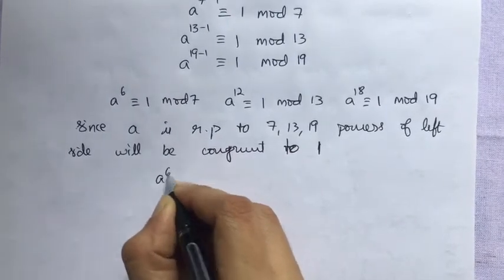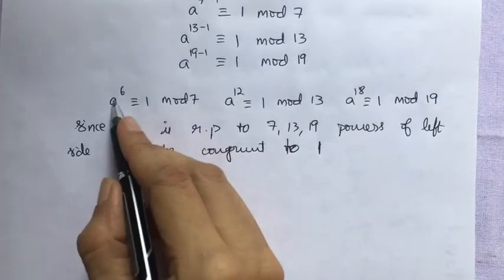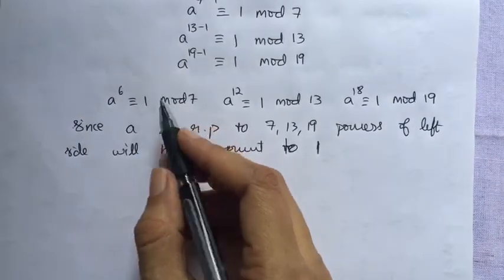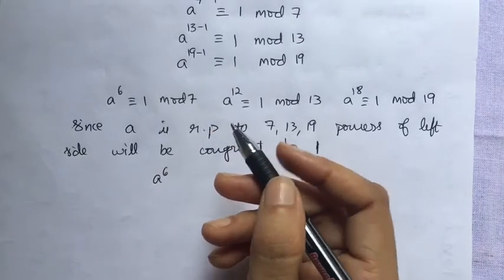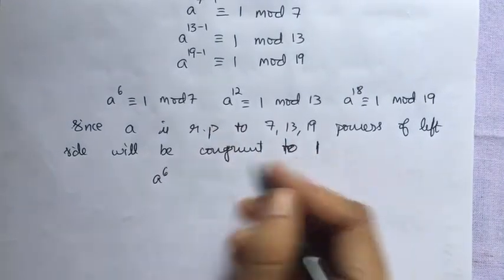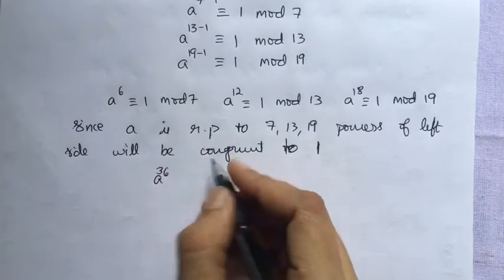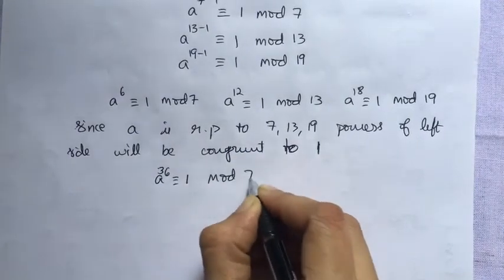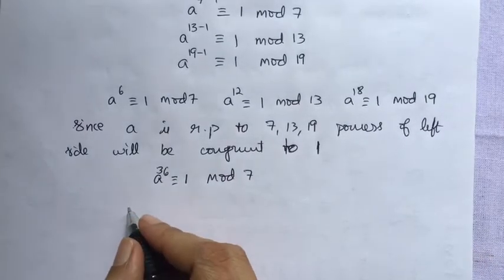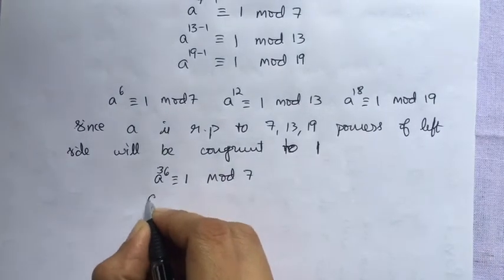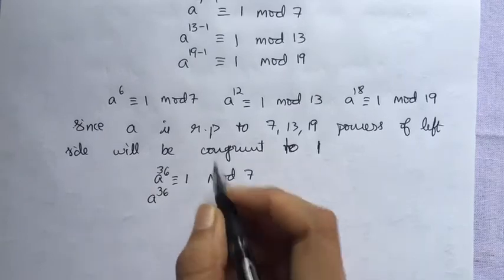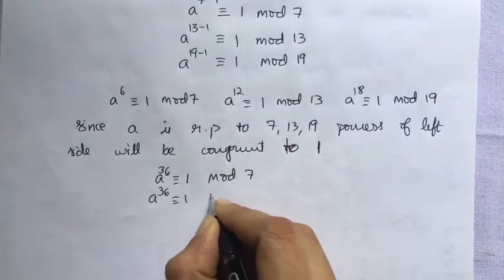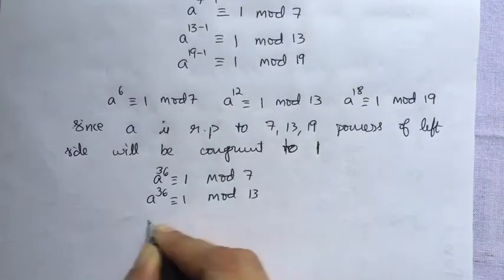That is same as writing a power 6 is congruent to 1 mod 7. So I can write a power 6 into a power 6 is congruent to 1 mod 7. That is nothing but a power 36 is congruent to 1 mod 7. So a power 36, 12 into 3, is also congruent to 1 mod 13.